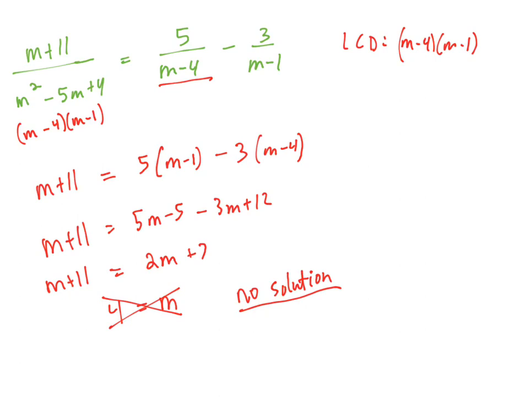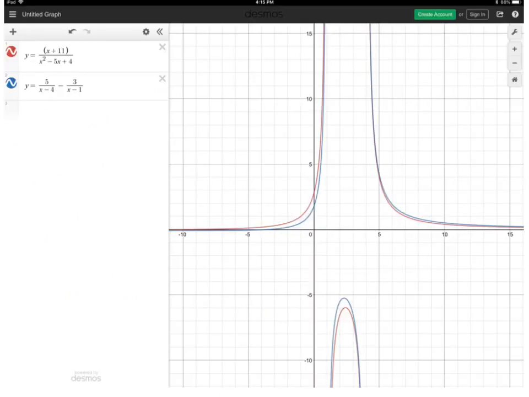So let's look at the graph of this. What I did was the left-hand side of that equation, I graphed right here, y is equal to the left-hand side, and then I did y is equal to the right-hand side. The left-hand side was in red, and the right-hand side was in blue. And what we'll see here is that the right-hand side and the left-hand side get really close to each other, but they never touch.